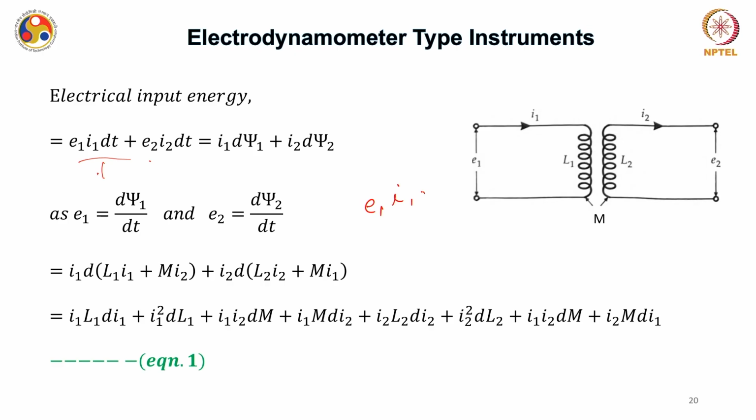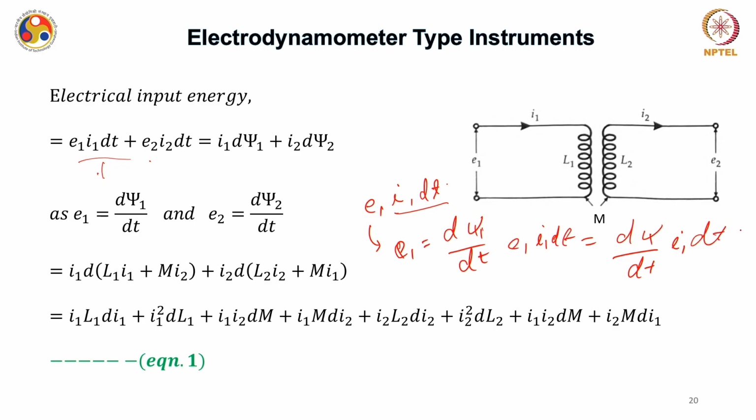So E1 I1 dt: if I say that this E1 is equal to d psi 1 by dt, which is by definition, and if I replace it over here, what I will have is E1 I1 dt is equal to d psi 1 by dt into I1 into dt, or I can say that this E1 I1 dt is equal to I1 into d psi 1.